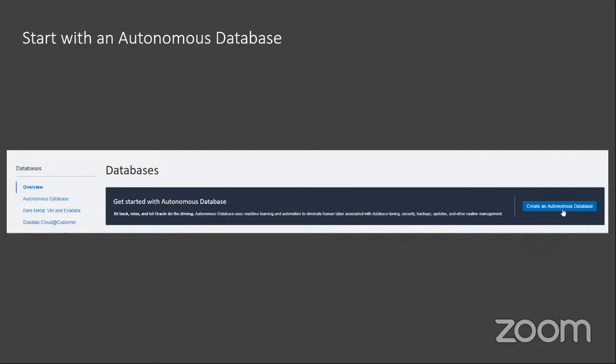Why autonomous? Well, if you're a DBA like myself, it does a lot of the stuff that we are headached with: provisioning, patching, tuning, applying security patches, protecting against system errors. It's got all those features built in. And I don't mean to sound like an Oracle salesman, because I'm not.